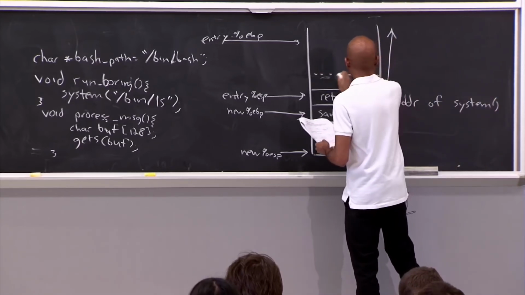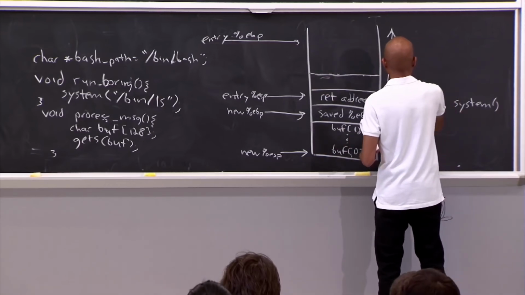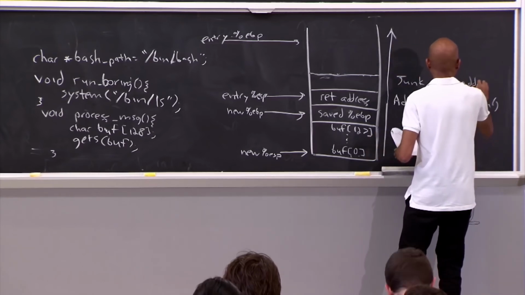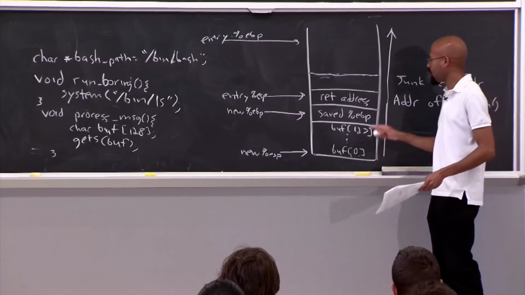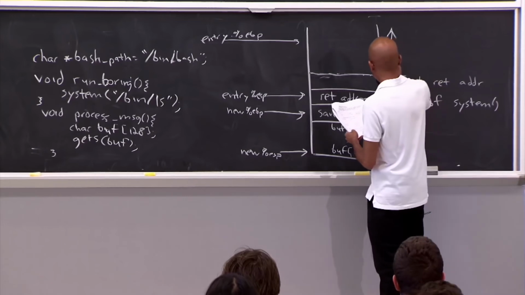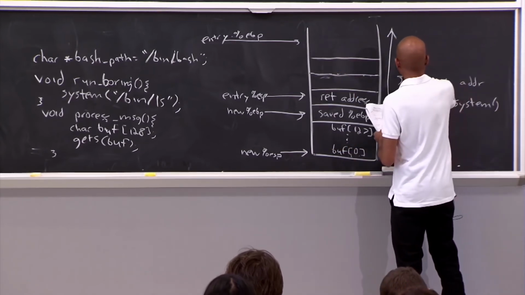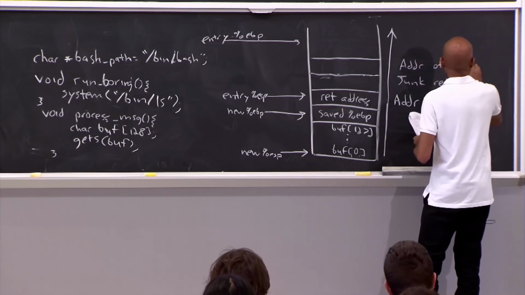And then here, we're going to put just some junk return address. This is where system's going to return after it's finished. For the purposes of the discussion now, we don't care what this is. We'll just make this be some random set of bytes. And then up here, we're actually going to put the address of bash path.